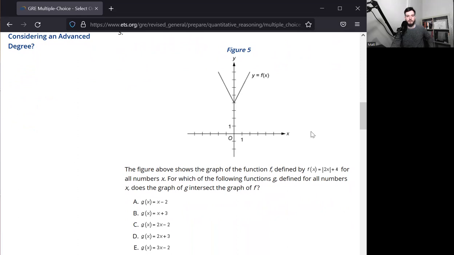Now, you're probably used to seeing equations that represent lines that look like y equals mx plus b, not with functions. Well, this is the same exact thing. This is really just y equals the absolute value of 2x plus 4. In fact, it tells you here y equals the f of x.